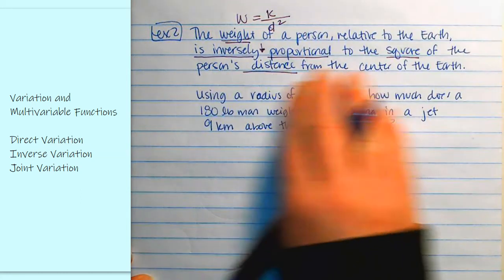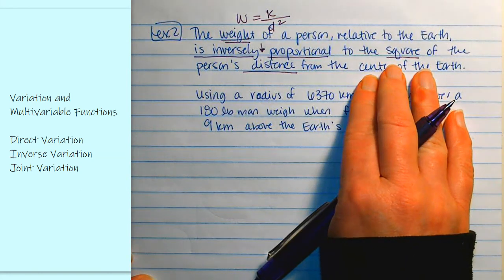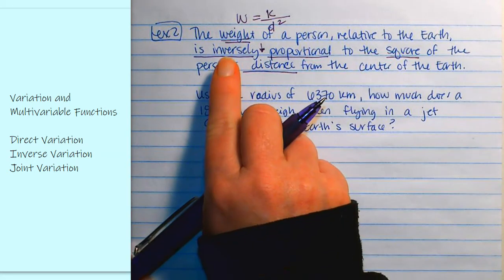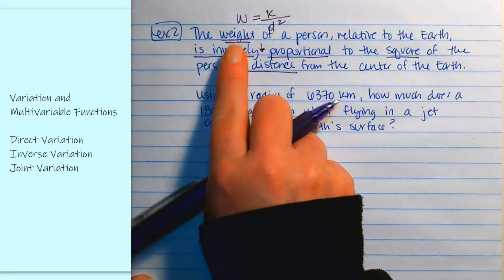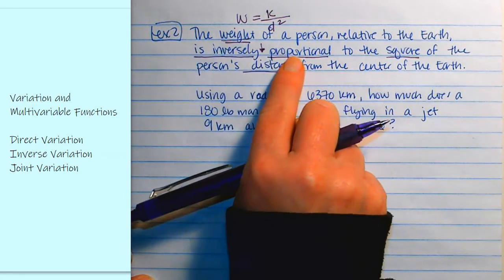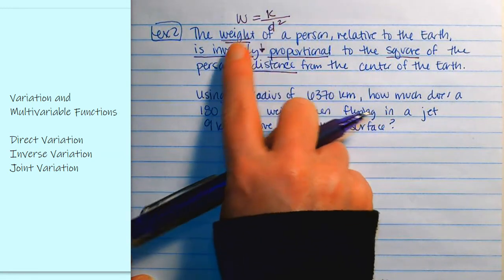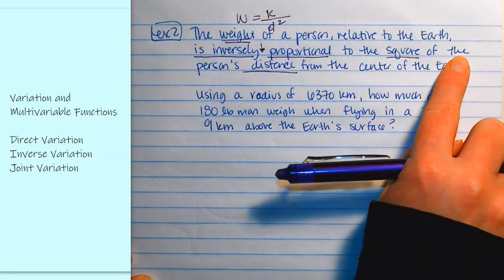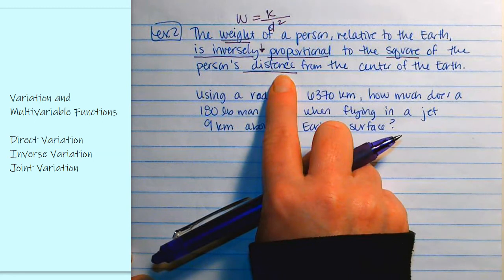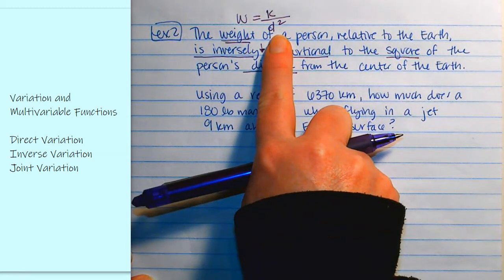I underline stuff because I had mine all written out. I want you to take the words and find them and write them in order how they go in the equation. So weight is proportional, that's K. Inversely says that what follows, square of distance, goes in the denominator.